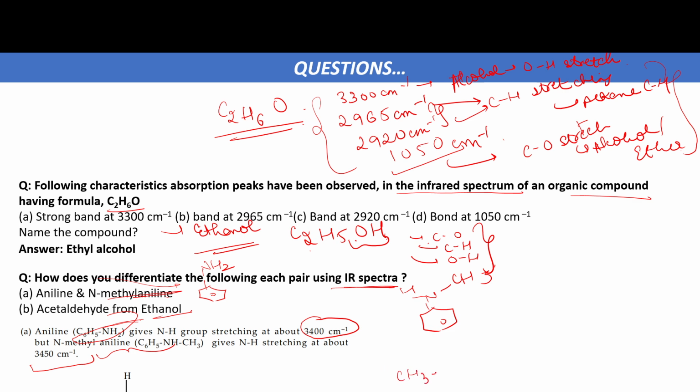Aldehyde is CH3CHO, acetaldehyde, and ethanol is C2H5OH. In the case of aldehyde, the carbonyl stretch comes out to be 1730. And the OH group in ethanol, as we already studied, comes out to be 3300 centimeter inverse to 3600.